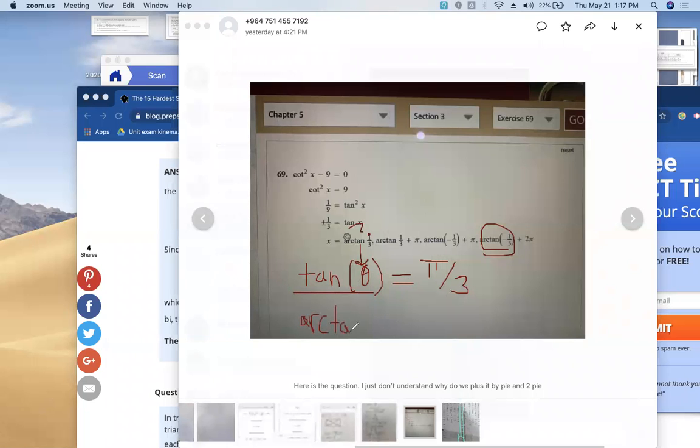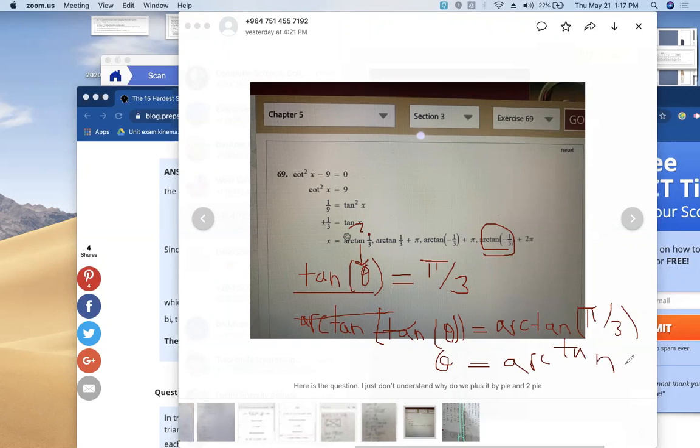So we do arctan of tan. Usually you don't really need to write this step, but I'm just writing it so that you understand it. It's like dividing both sides, except we're gonna arctan both sides. And since arctan is like the inverse of tan, these two would cancel. So theta would equal arctan of pi by 3. So that's what arctan is. It's basically the inverse function of tangent.